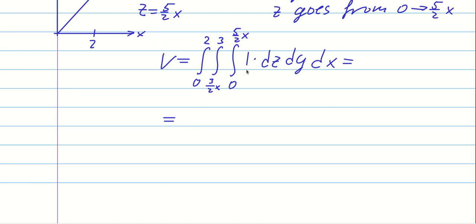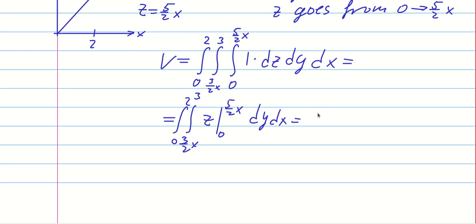So we integrate 1 with respect to z, so it's going to be the integral from 0 to 2, integral from 3 over 2 x to 3, of z evaluated from 0 to 5 over 2 x, dy dx.